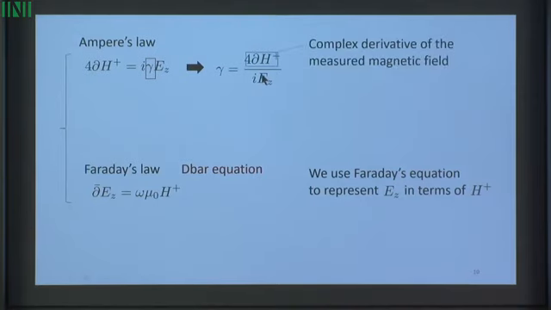H plus is given by measurement, so its complex derivative can be numerically computed. However, the z component of the electric field cannot be measured. So in order to represent this unknown electric field inside the human body, let's use Faraday's law, formulated as a d-bar equation.